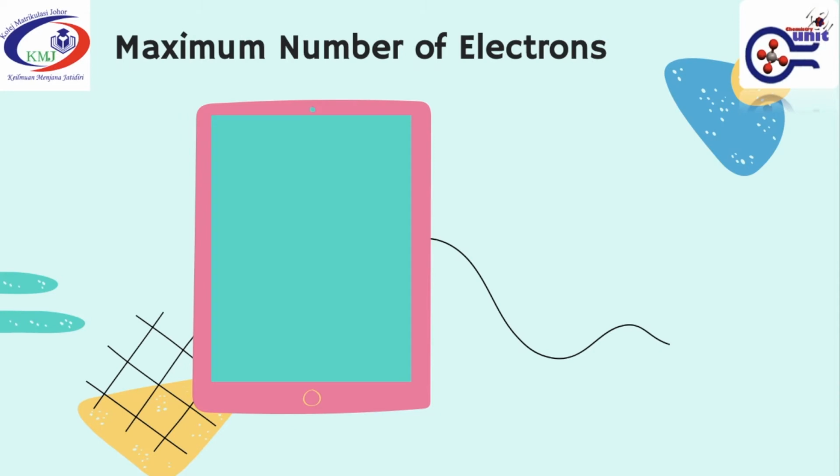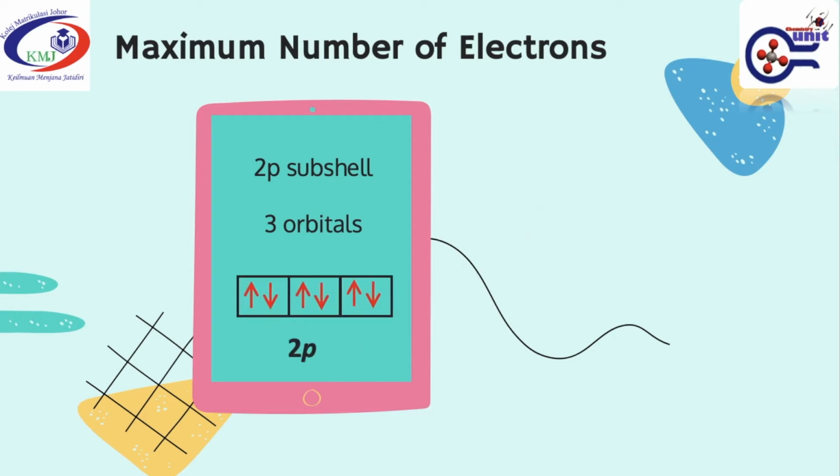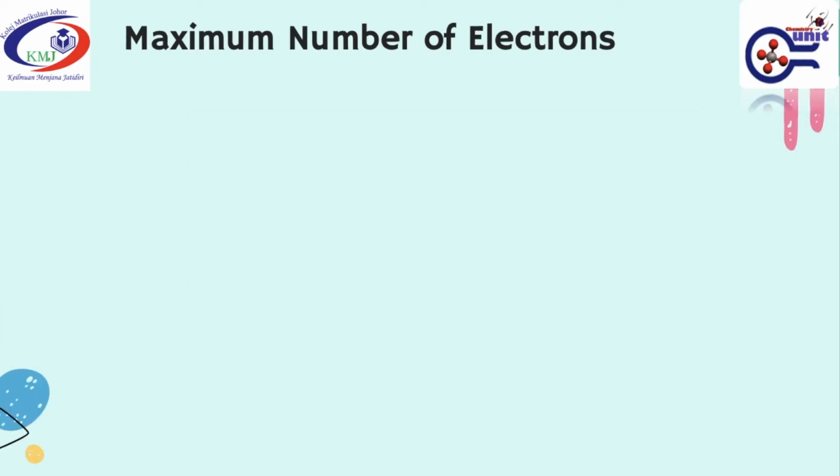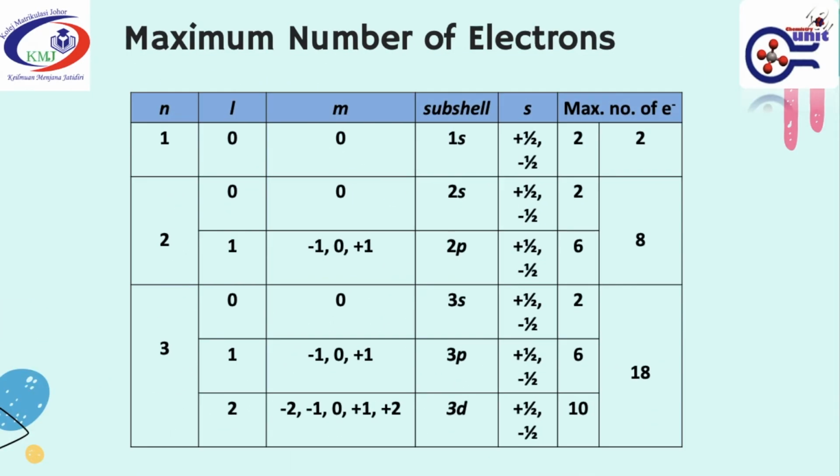Maximum number of electrons. For the 2p subshell, there are three orbitals, 2px, 2py, and 2pz. The maximum number of electrons in an orbital is 2 electrons. If we look at this table, when n is equal to 1, L is equal to 0, m is equal to 0, and the subshell is 1s.